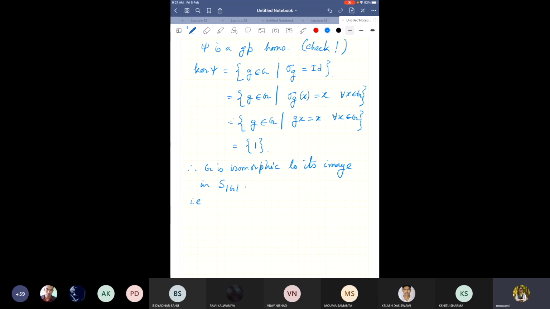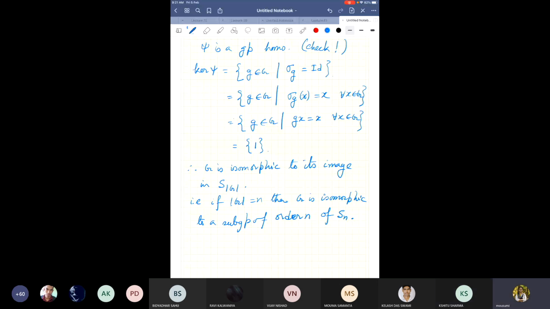That is, if the order of G is n, then G is isomorphic to a subgroup of order n of Sn. Okay. Is it okay?